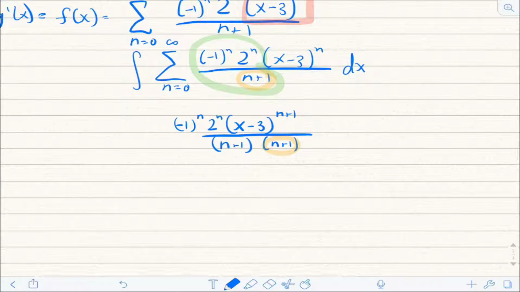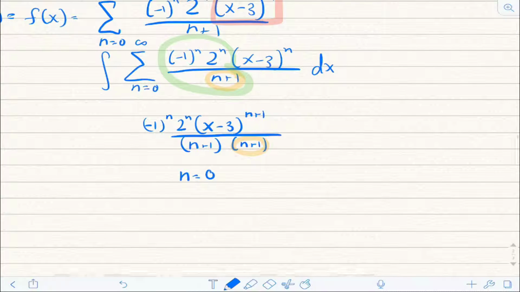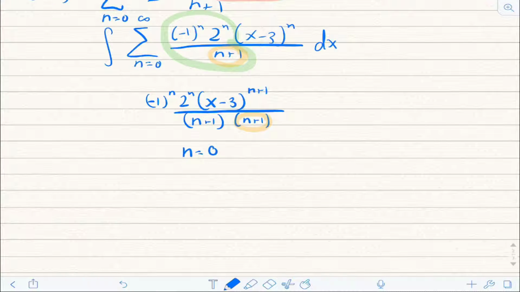Because if I place in 0 here, I'm going to get out an x minus 3 over 1 on the bottom, or just that x minus 3.